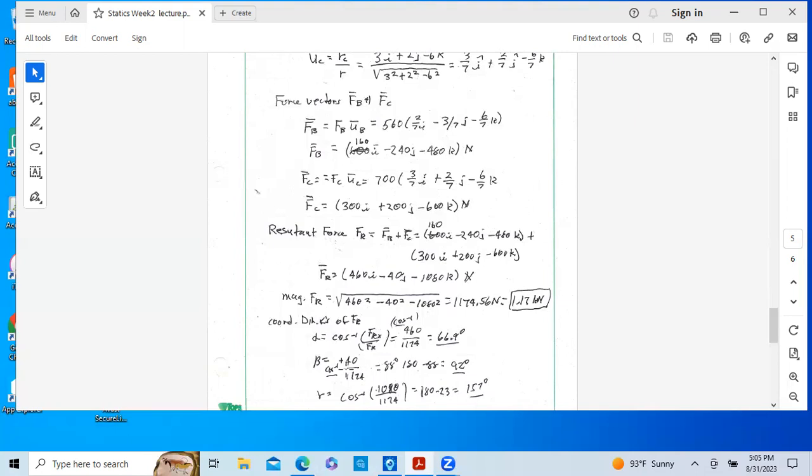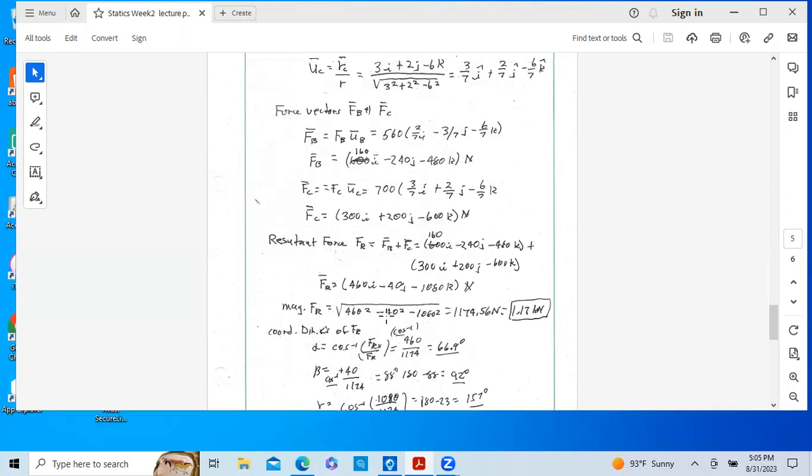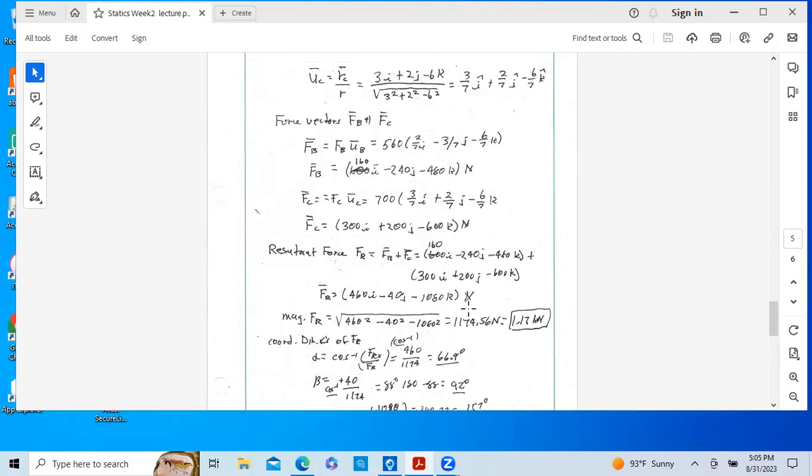You get a direction cosine over here and a direction cosine over here. This one is going to be 180 minus, and it's 180 minus, with those angles. So these are the direction cosines for that resultant force. So that's a 3-dimensional problem.